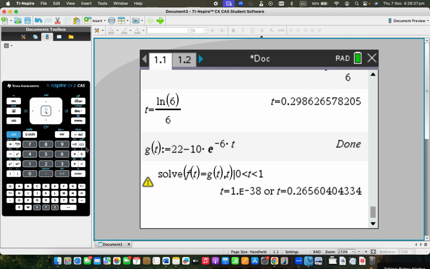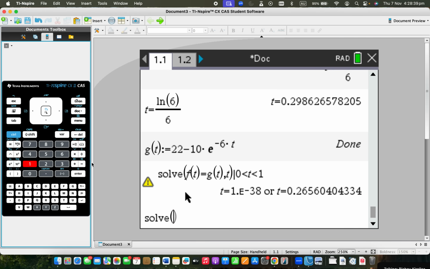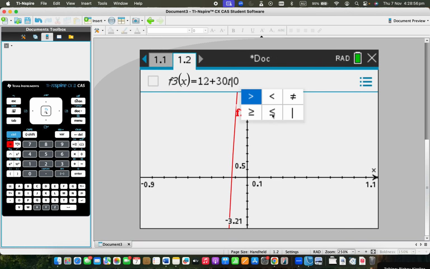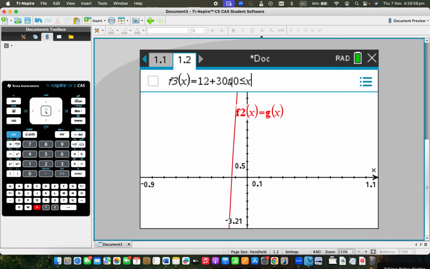Whatever. Let me just do menu 3, 1. I'm just going to sketch both of them separately. So the first one was 12 plus 30t, and that's for 0 to 1/3. 12 plus 30x.